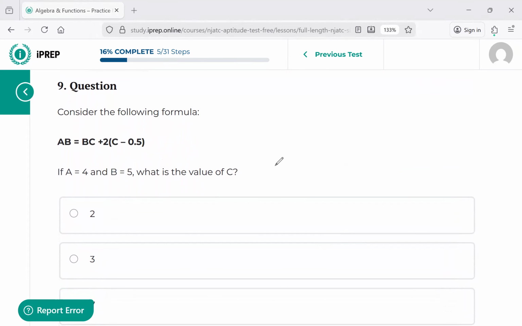On the left, it's going to be 4 times 5 equals B times C. So B is 5, I don't know what C is, plus 2 times C minus 0.5. Okay, clean this up. 4 times 5 is 20 equals 5C.